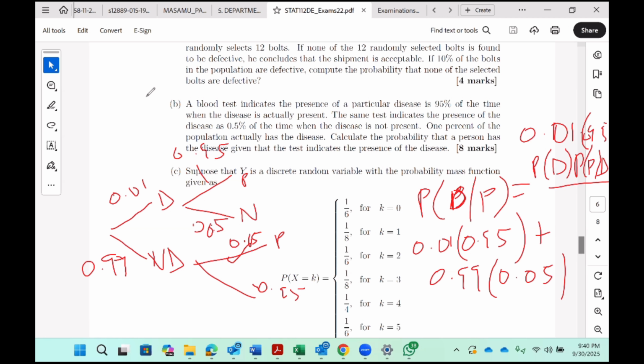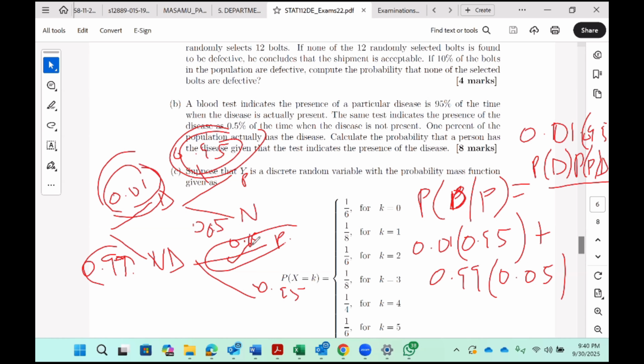So the probability that the person has the disease, given that he tested positive, will be equal to 0.01 times 0.95 divided by 0.01 times 0.95 plus 0.99 times 0.05. So it will be this times this plus this times this. That gives the denominator, and the numerator will only be this times that.